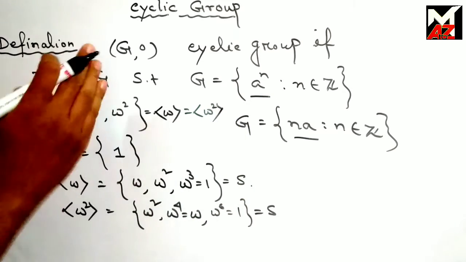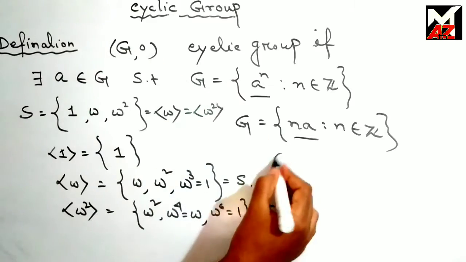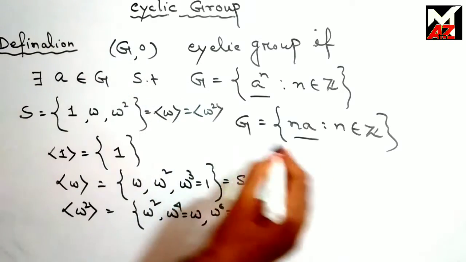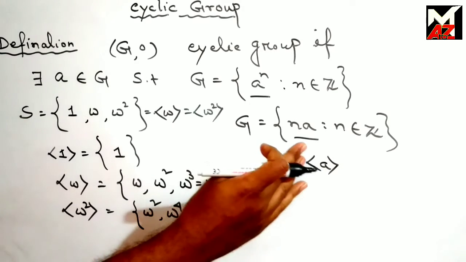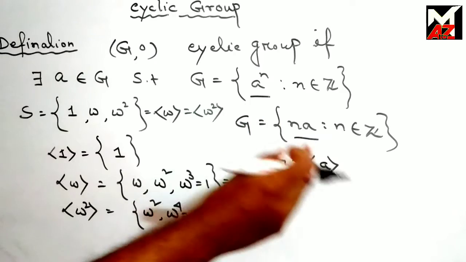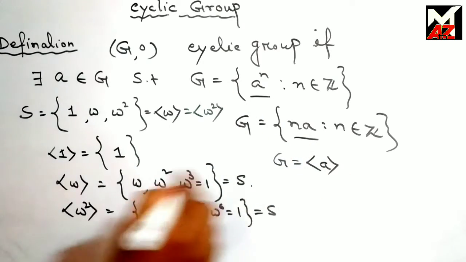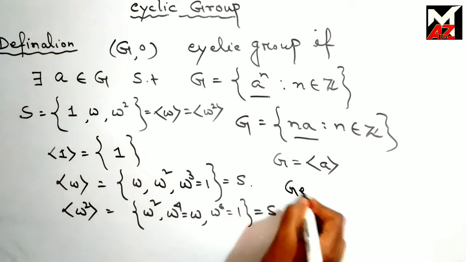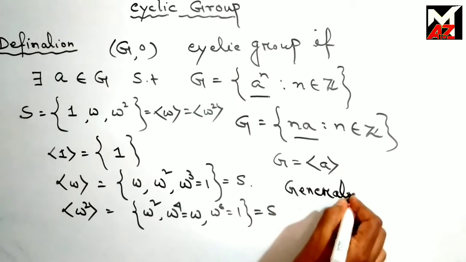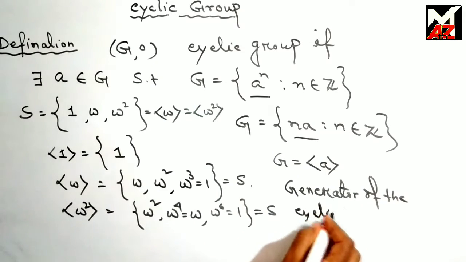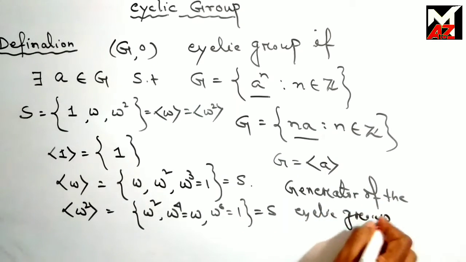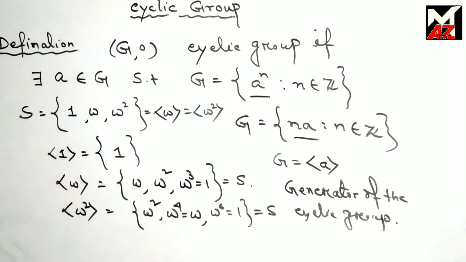Here we say that this cyclic group G can be written as generated by a, and the element a which generates the group is called the generator of the cyclic group, right? So here we get two generators of this cyclic group.